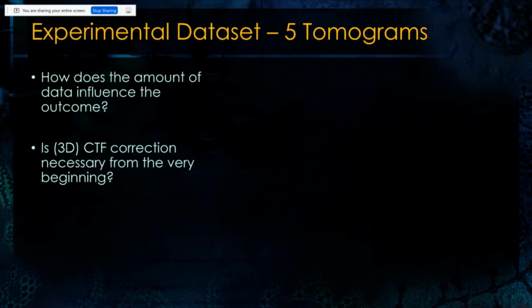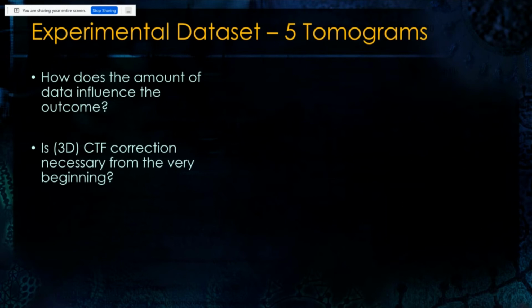And also, one interesting question was whether we actually need CTF corrected tomograms from the very early stages of subtomogram averaging, because similar to single particle, we never work with the full data set or with the unbinned data set at the beginning. We always first downsample a lot. We do our alignment, and once we cannot improve more and we reach the Nyquist for the given sampling, we upsample and we go one step higher.